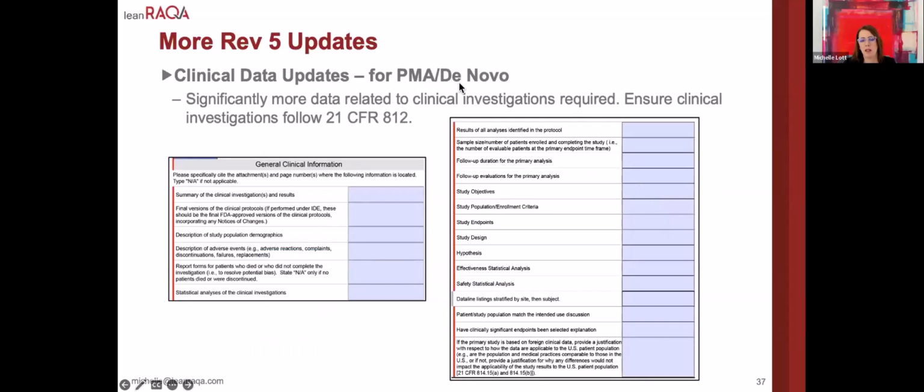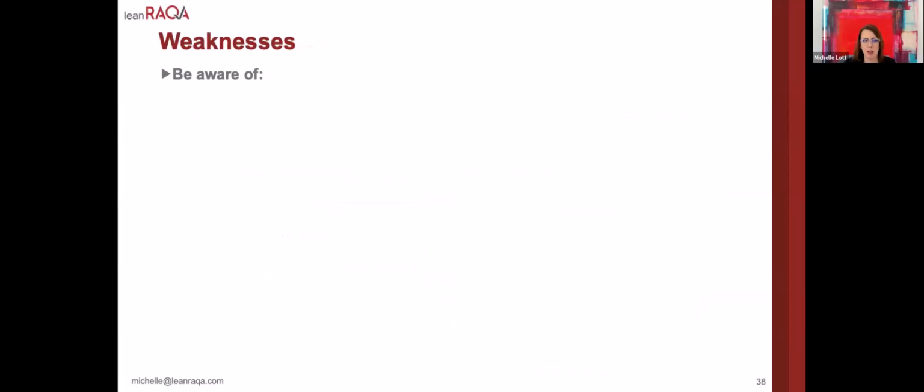Particularly in the PMA and De Novo sections, those have even more questions related to compliance with 21 CFR Part 812. So to me, these additional questions are actually helpful in some of these areas to make sure you understand their expectations.